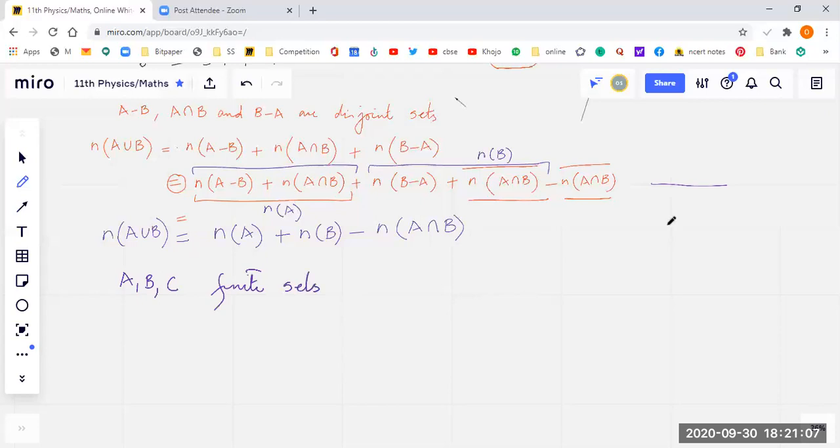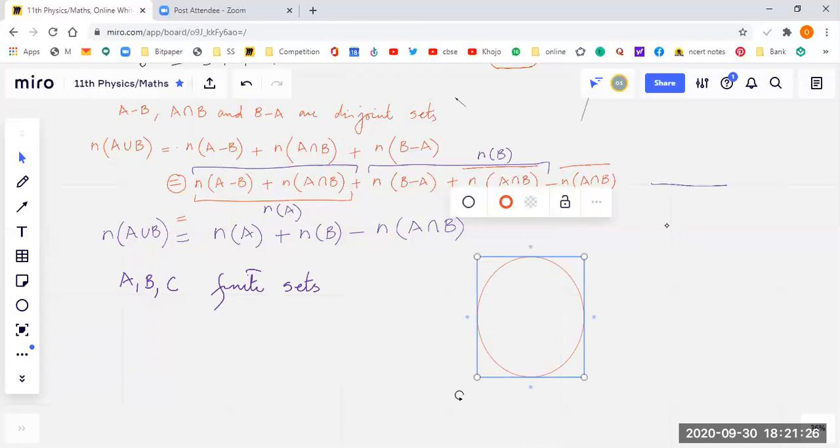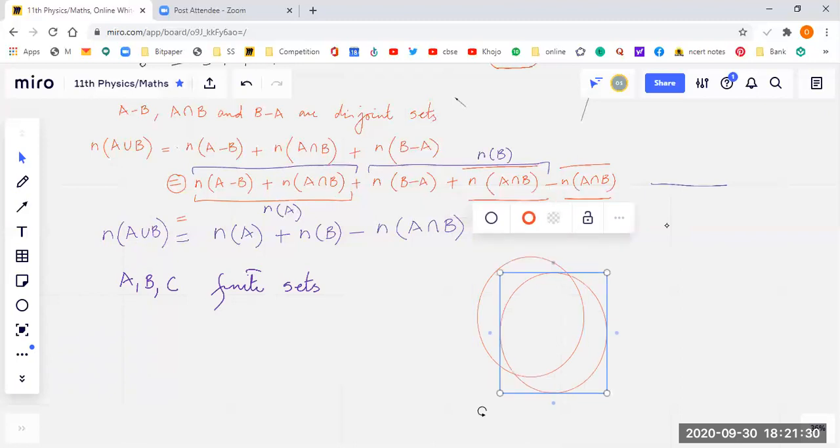Now I'm going to draw the Venn diagram for these. So this is my A, right? I think I can copy it also here. Copy and paste. Beautiful. I got 3 circles.